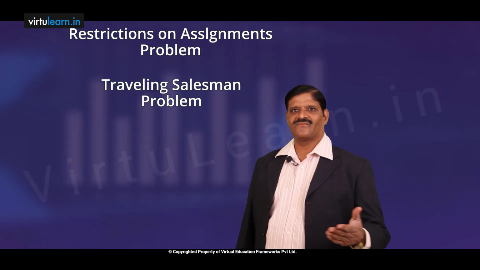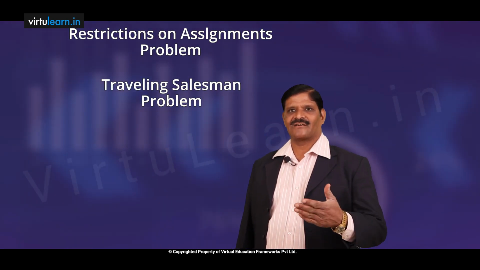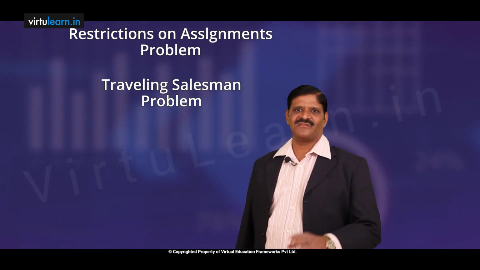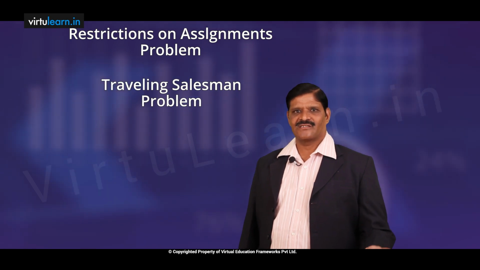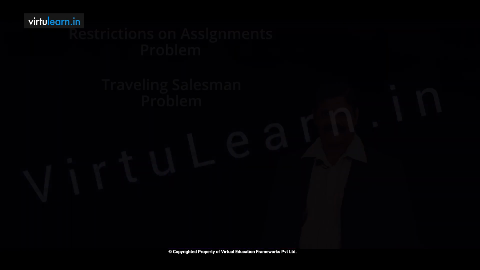When we get 1, we assign that job to a particular person, or that particular machine to a particular person. Likewise, it depends on minimization or maximization, whatever the situation demands. Okay, now we will solve an assignment problem.